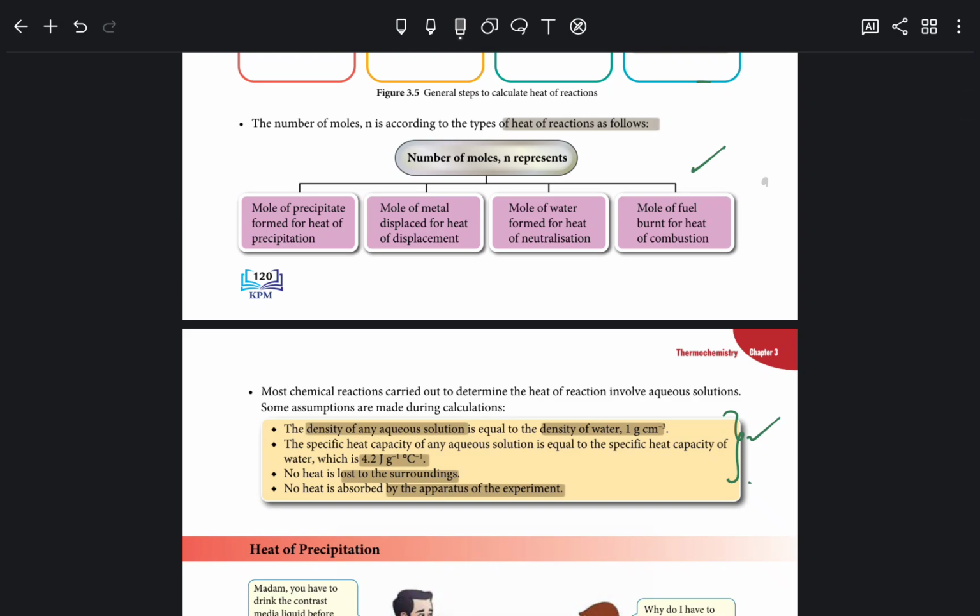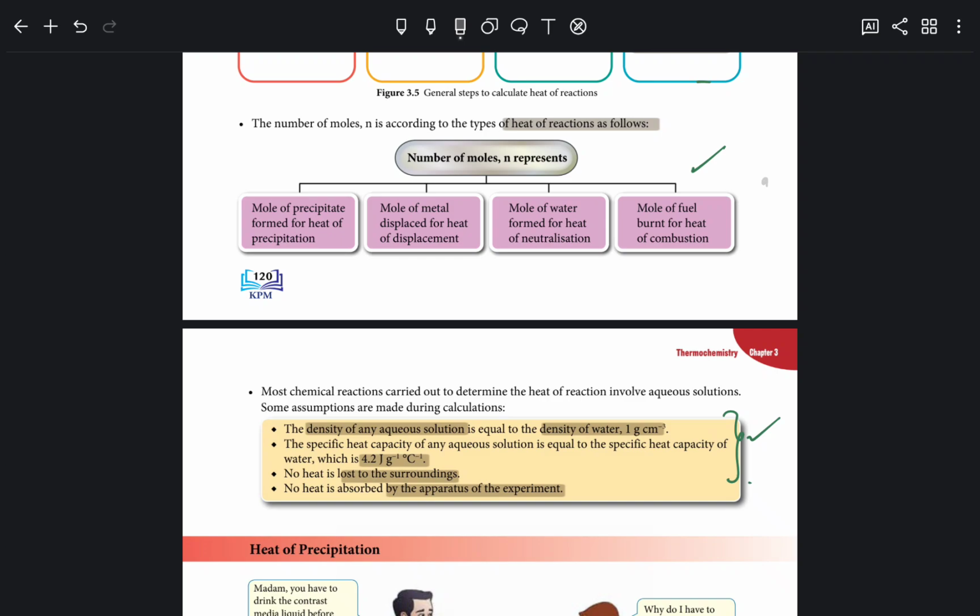So you have only 4 assumptions. Remember, the density of aqueous solution is equal to the density of water, 1 gram per centimeter cube. The second assumption is the specific heat capacity of an aqueous solution is simply the same as the specific heat capacity of water, which is 4.2, with the unit joule per gram per degree Celsius.